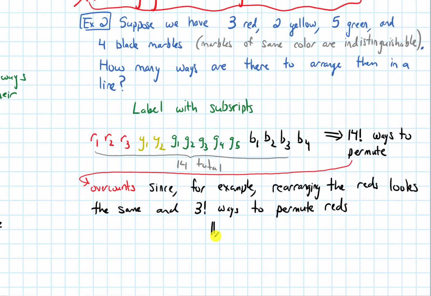So to fix this, we are going to divide by 3 factorial, because right now we're counting these arrangements too many times. We're off by a factor of 3 factorial. So we're going to divide by 3 factorial to fix the reds specifically. And we're also going to have to divide by stuff to fix the other colors. So let's write that down next.